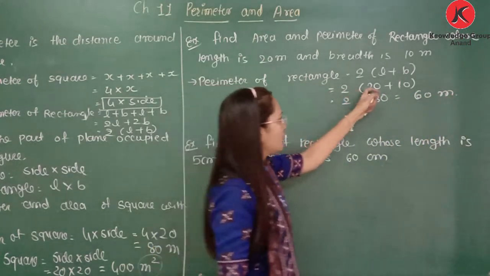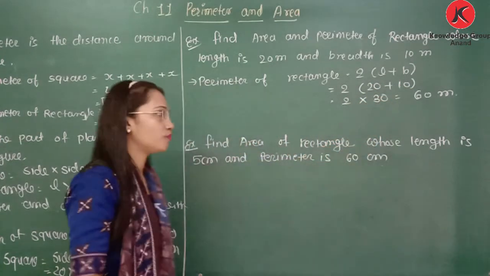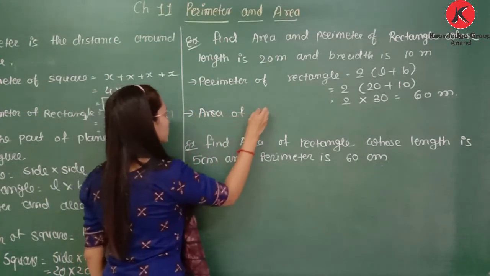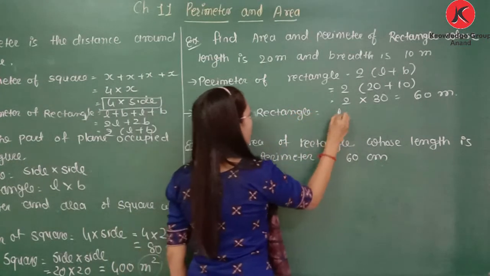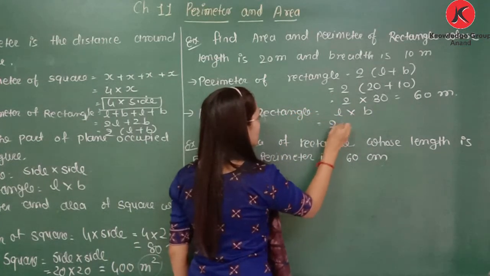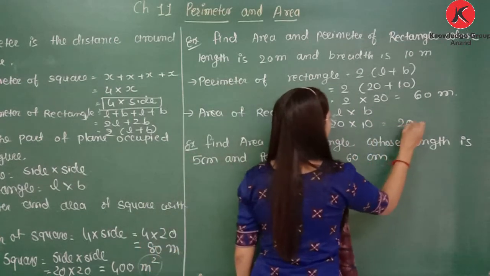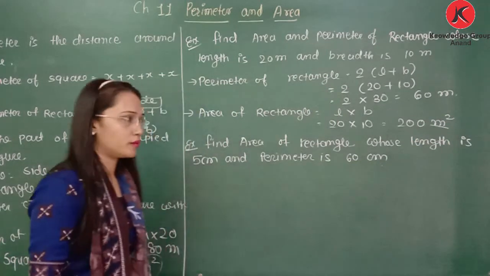So first we solve the bracket, 10 plus 20, that is 30. 2 multiplied by 30 is 60 meter. Now area of a rectangle, that is L multiplied by B. Length is 20, B is 10. So that is 200 meter square. Unit for area is meter square.